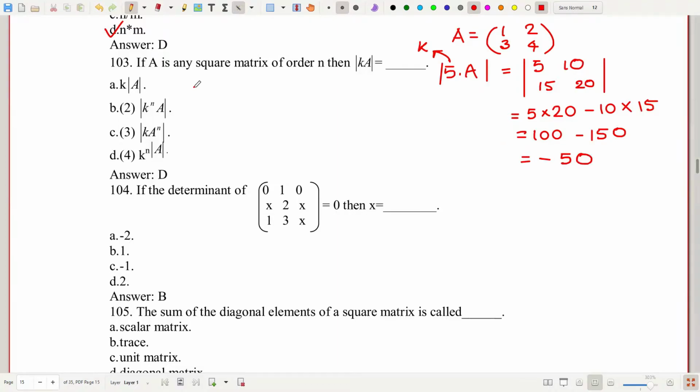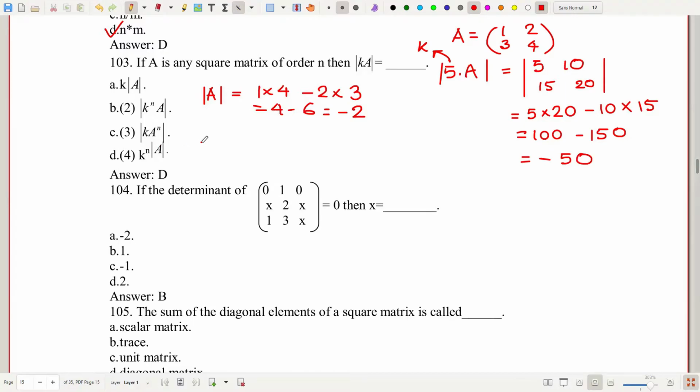Then the determinant of A is 1 into 4 minus 2 into 3, or 4 minus 6, or minus 2.